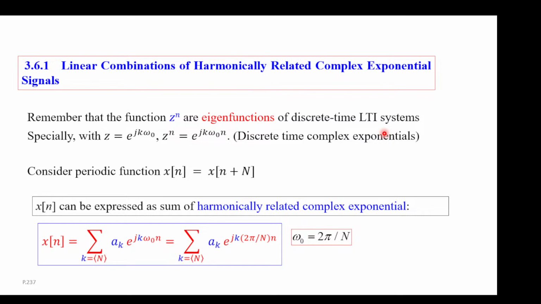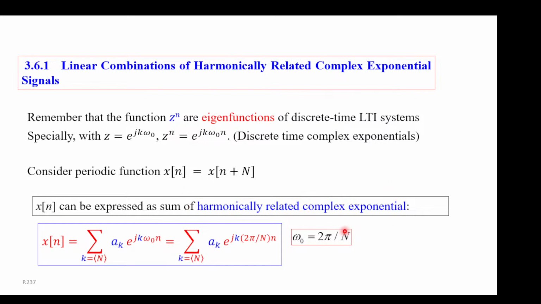I guess this expression makes the Fourier transform look more similar between discrete time and continuous time. And just like the continuous time Fourier series, now we want to express a periodic function as those complex exponentials. So we have a periodic function with period big N, so x of n equals x of n plus big N. Now we want complex exponentials that are also periodic with period big N, and we know they are the harmonically related complex exponentials.